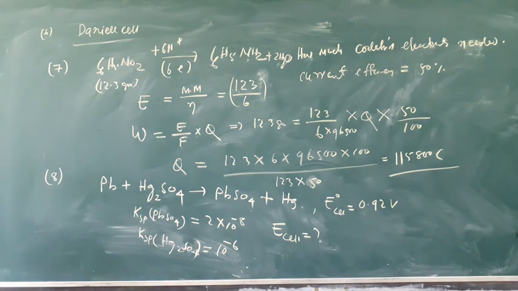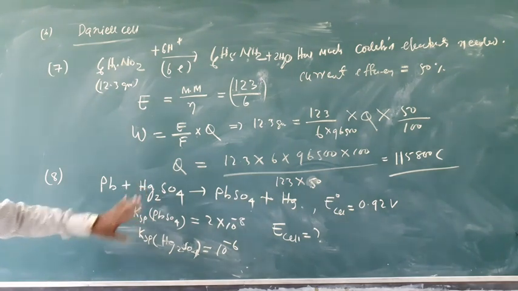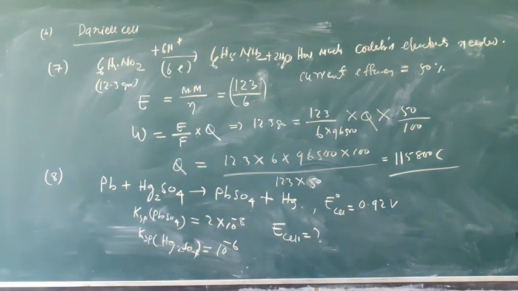For this, we first have to calculate the solubility of the mercurous ion and the solubility of the lead ion.